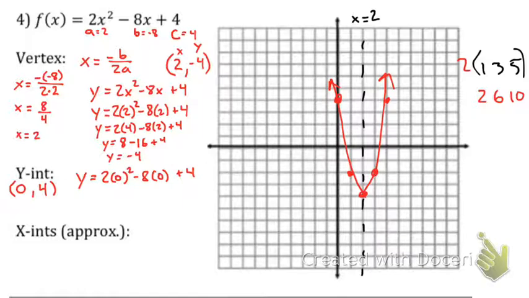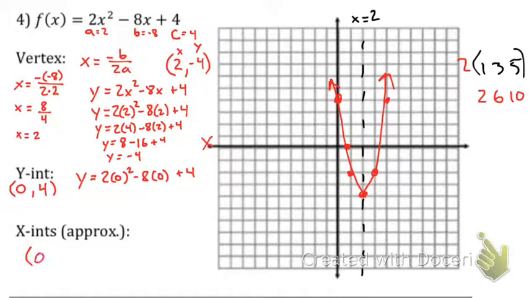And then our x-intercepts, we want to approximate. Our x-intercepts are where our graph touches the x-axis. So if you look, I'm going to put a dot where our graph touches the x-axis. It's about right here. I'm going to say that is, we'll call it 1/2, comma 0. Remember, your x-intercepts always have a y value of 0.